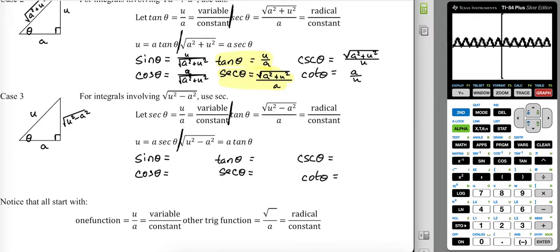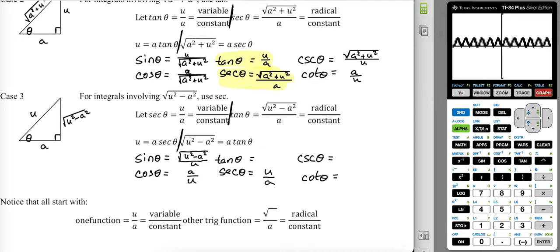So for the last case, same idea, just pulling ratios. Sine is opposite over hypotenuse, the square root of u squared minus a squared over u. That's radical to variable, so no help there. Cosine is adjacent over hypotenuse, a over u. The reciprocal of that would be perfect, u over a.